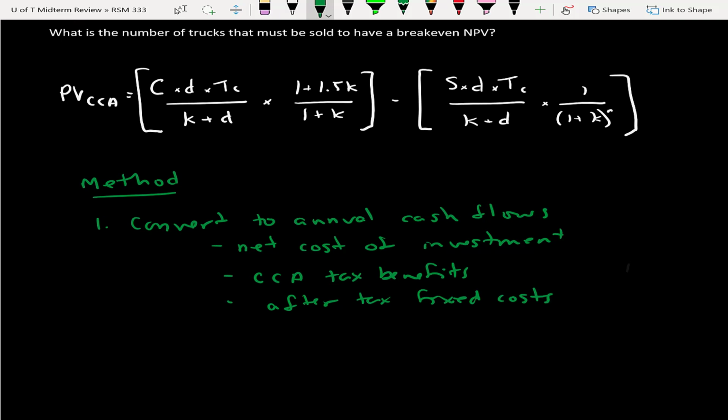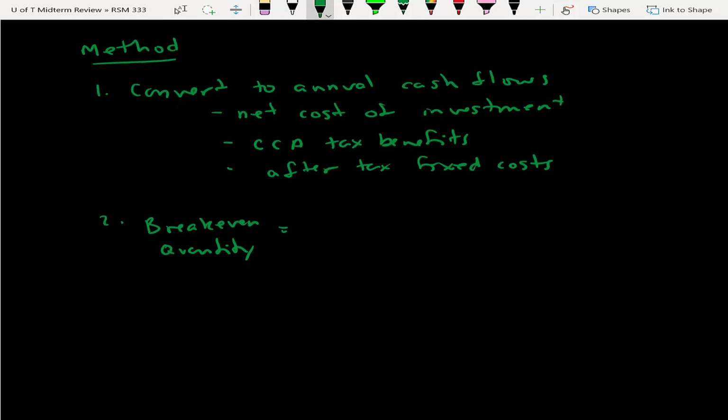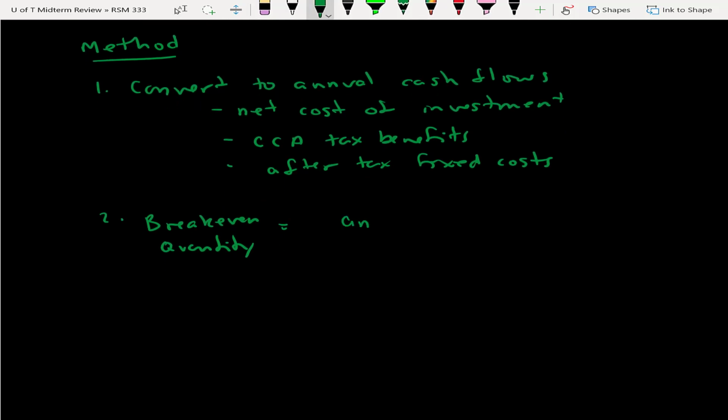Once we have converted everything to an annual basis, we use the following formula. The break-even quantity for NPV will be the annual net investment minus the annual CCA savings.